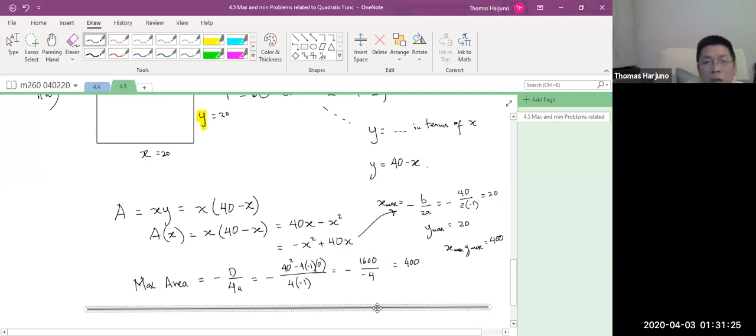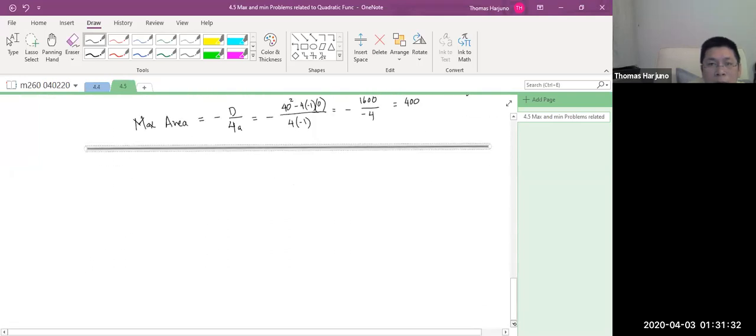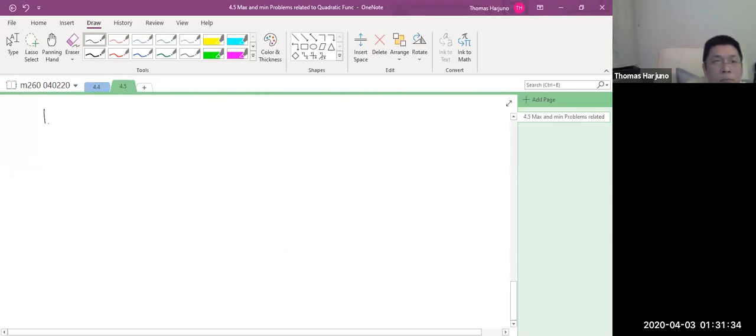Once you're done writing this down, you see number 8. I have a rectangle whose perimeter is 12. Suppose this is x. What is this?